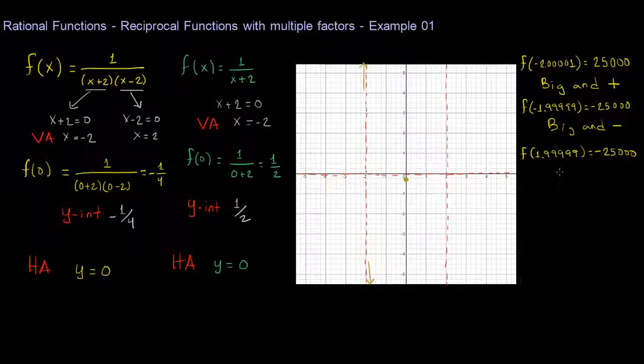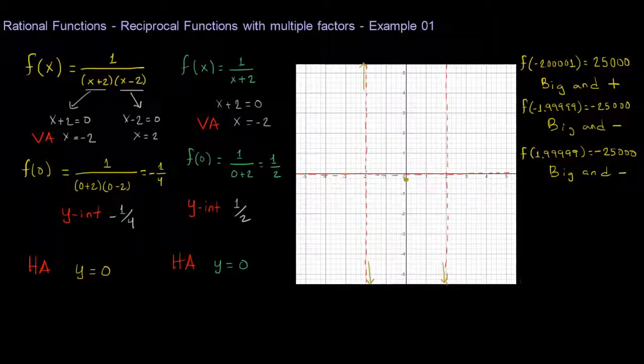The only thing we have to be concerned with is that we got a big and negative number. So if we get really close to the +2 from the left, we will get something really, really big and negative as a result.